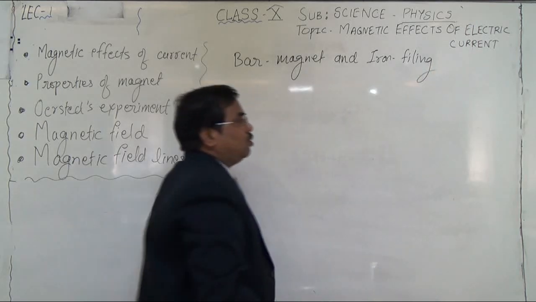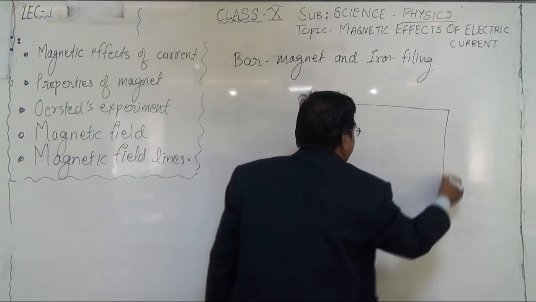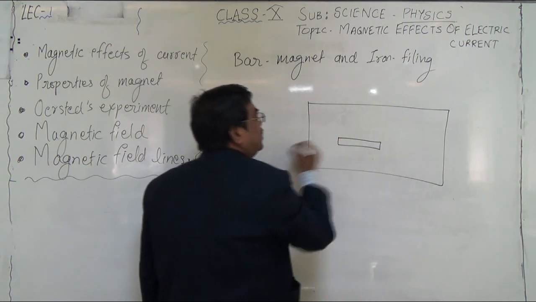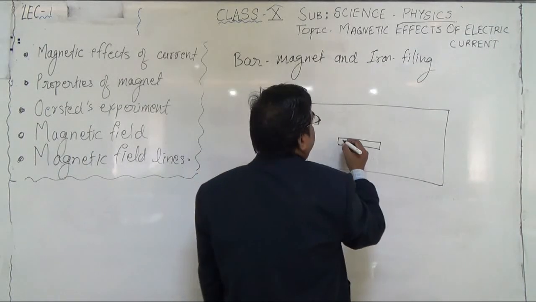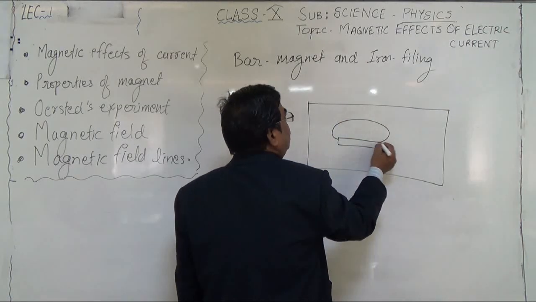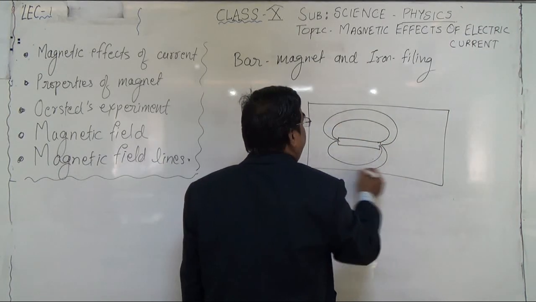If you keep the bar magnet in the middle and sprinkle the iron filings, these iron filings will align themselves in this kind of shape.